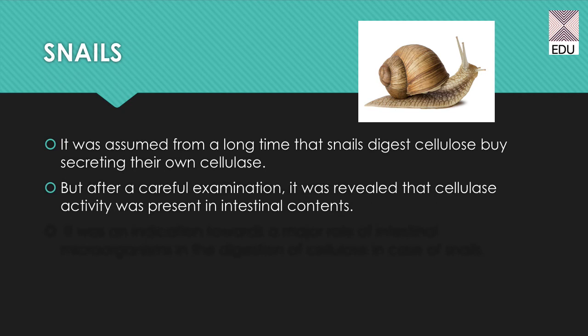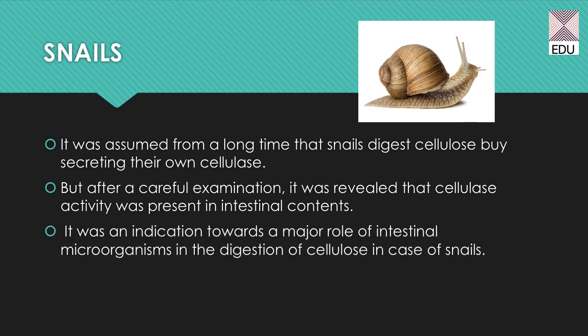But after a careful examination, it was revealed that the cellulase activity was present in the intestinal contents of the snail. It was an indication towards a major role of intestinal microorganisms in the digestion of cellulose in case of snails.